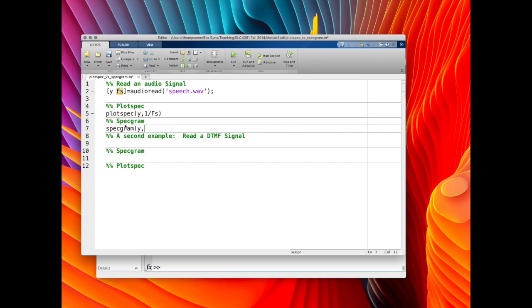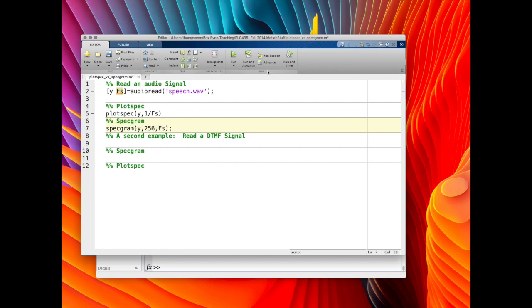Okay, in MATLAB, the spectrogram takes the signal vector y, and then you give it the block size, although that's an optional argument, but I usually give it 256, so it's taking 256 samples, and it's doing its own little plot spec of that 256 sample snippet of the vector y. Okay, and then if you give it fs, it'll rescale the frequency axis back to the analog world instead of normalizing everything.